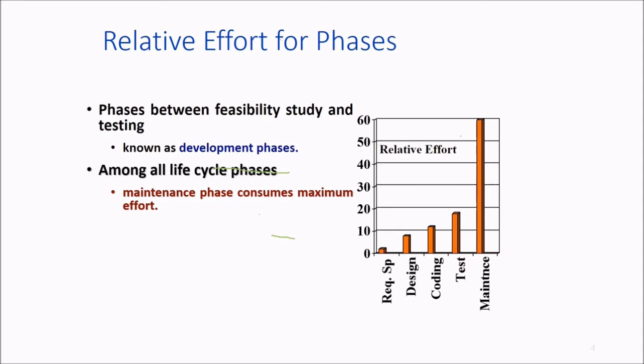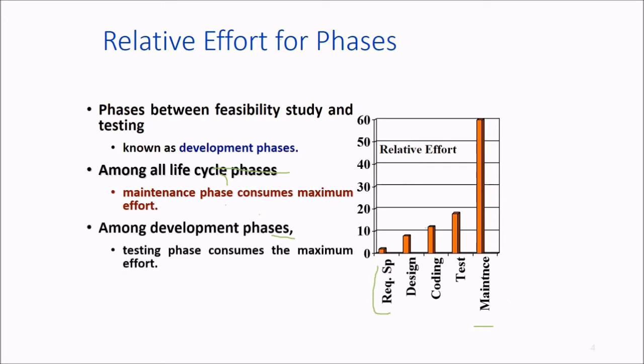As is evident from this bar chart, requirement specification takes very little effort while maintenance consumes the maximum effort. In terms of development phases, between feasibility analysis and testing, testing consumes the maximum effort.